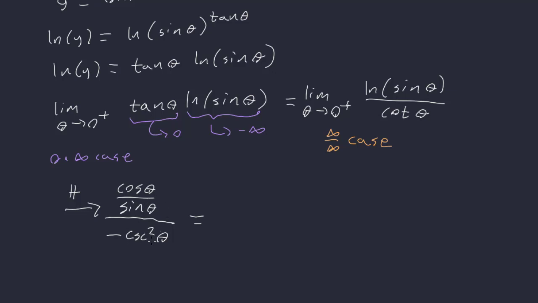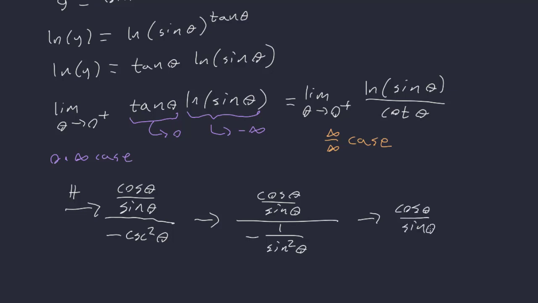There are a lot of ways we could approach this, but I want to try and simplify it before I start really looking at what's happening. So I'm going to start by rewriting this negative cosecant squared as negative 1 over sine squared. So this is cosine theta over sine theta all over negative 1 over sine squared theta. So if we move this up top, we'll get cosine theta over sine theta times sine squared theta.